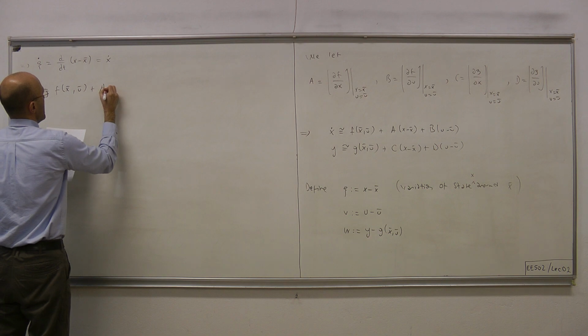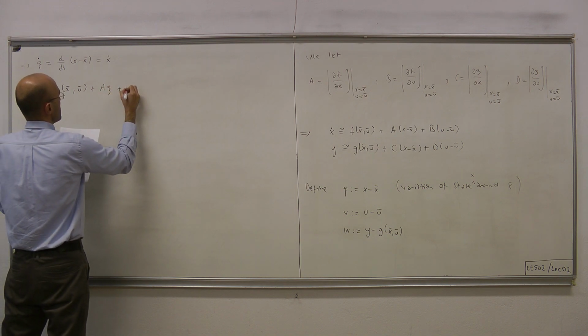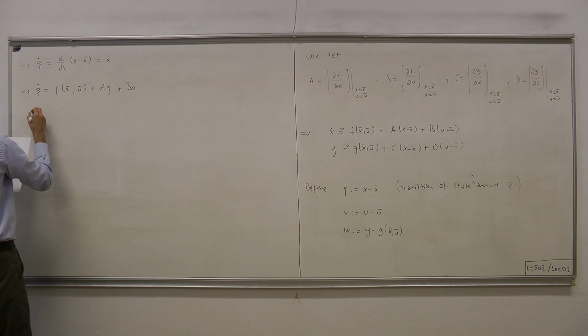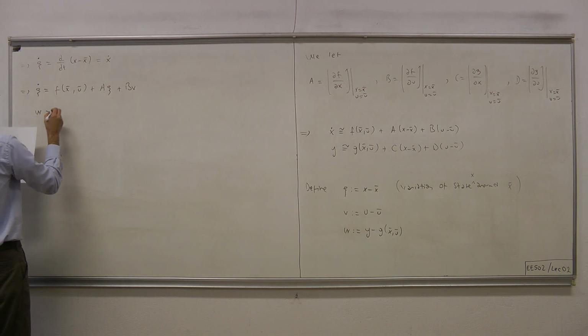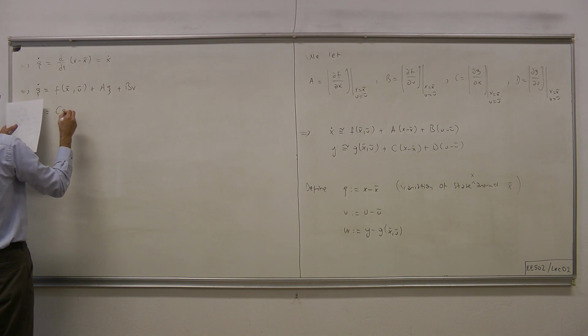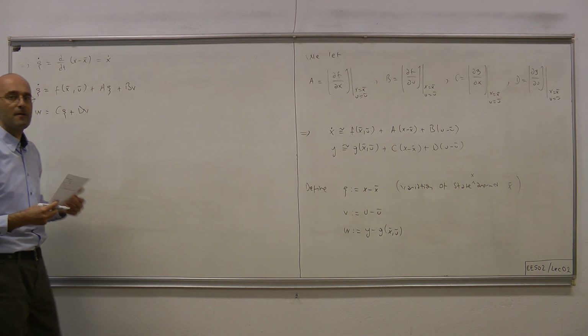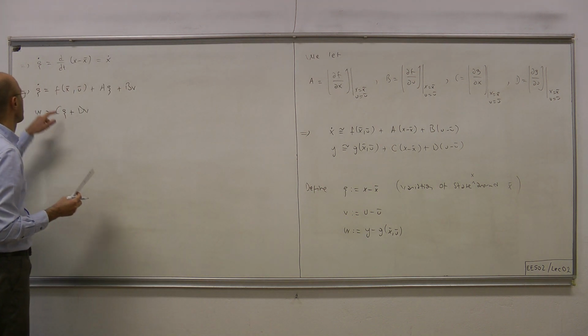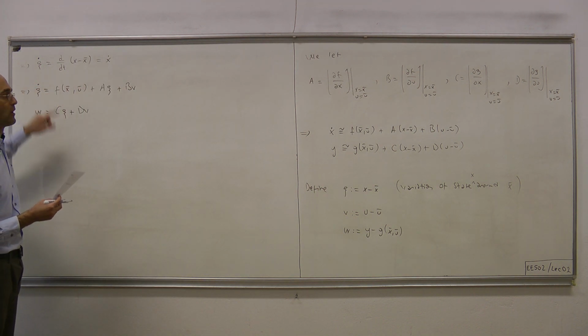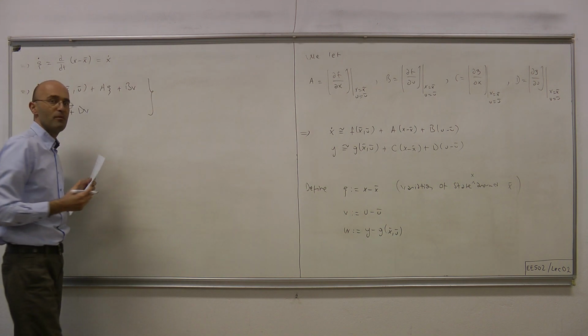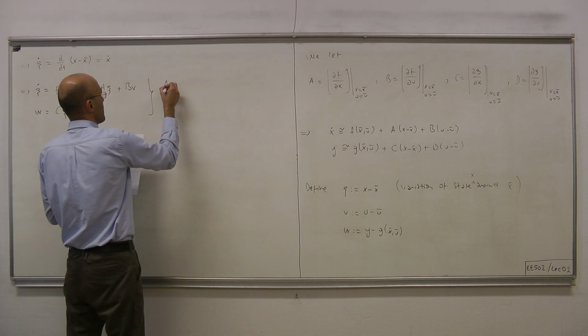Psi dot equals A psi plus B v, and w equals C psi plus D v. Okay. Now, since we dropped the approximately equal sign, what we're going to call this from now on is the approximate system.